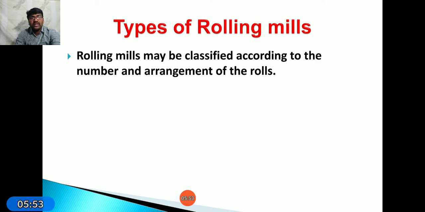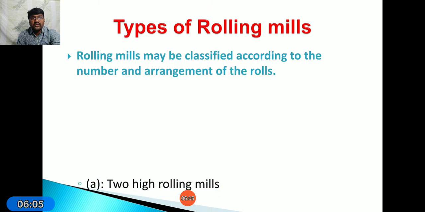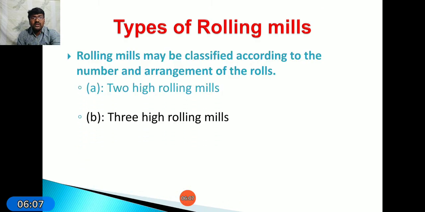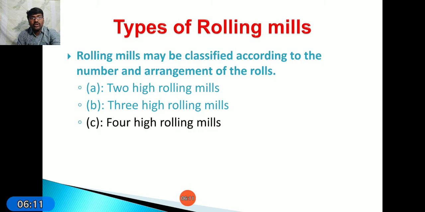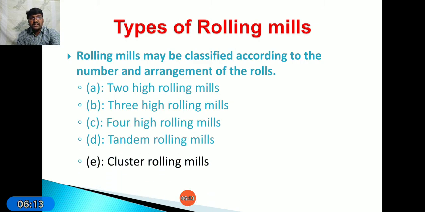Rolling mills may be classified according to the number and arrangement of the rolls: 2 high rolling mill, 3 high rolling mill, 4 high rolling mill, tandem rolling mills, and cluster rolling mills. These are the different types of rolling mills based on the arrangement and number of rollers.